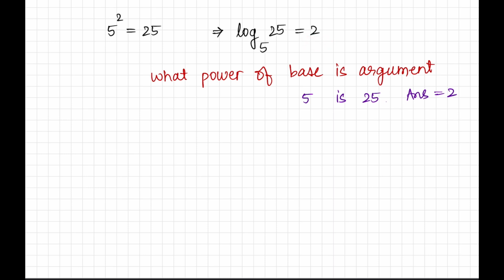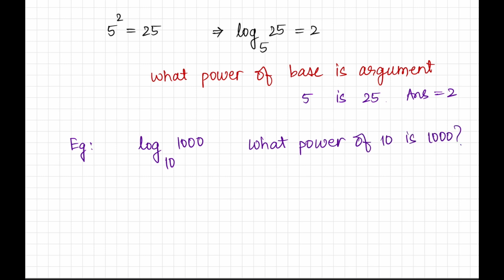So for example, if we take a question which says log 1000 base 10. So what is this actually? So this is what power of 10 is 1000, and clearly the answer is 3, and that is the answer to this question.